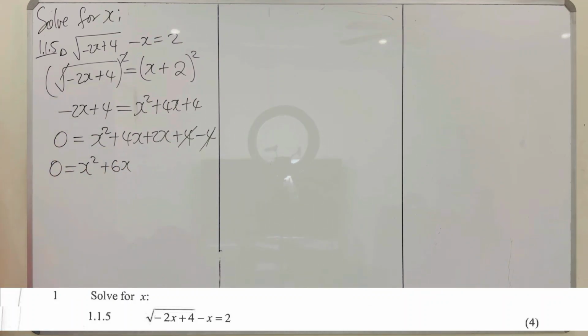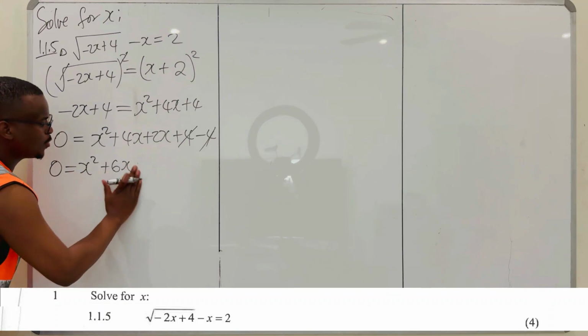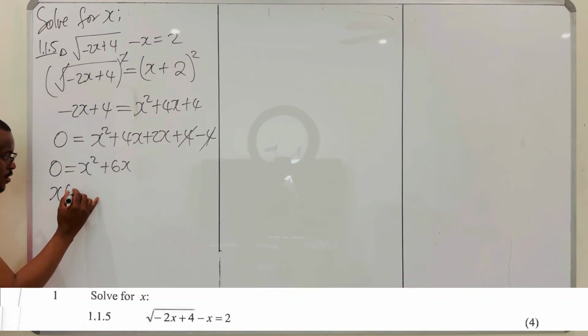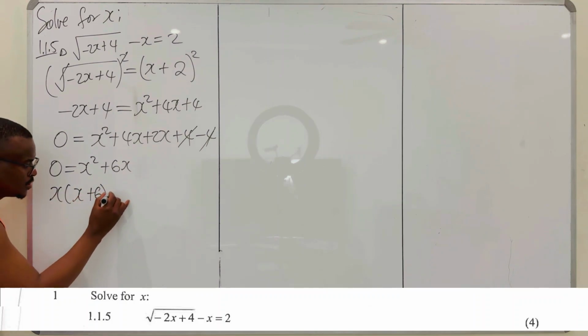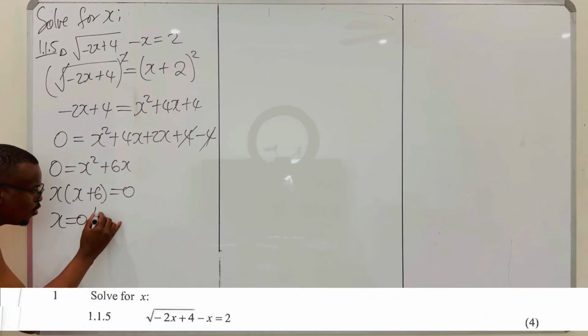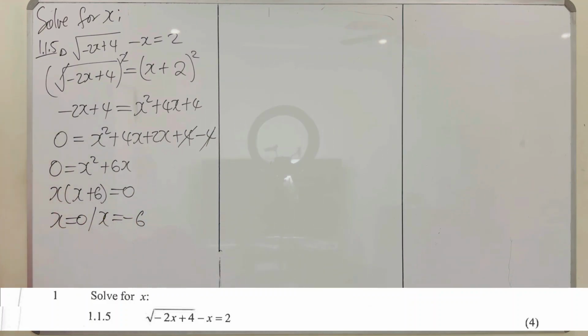Then put this in the quadratic formula where your c is equal to 0, or you factorize it. I'm not going to use the quadratic formula. Just take out the common factor x, and I'm left with x times x plus 6 is equal to 0. Are you happy? So our x is equal to 0, or our x is equal to minus 6.